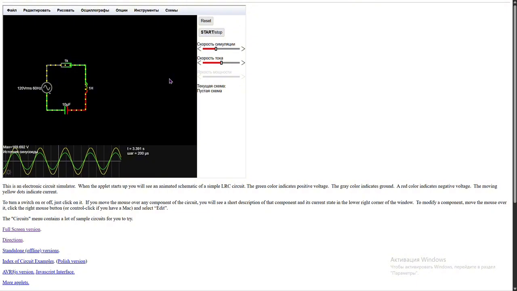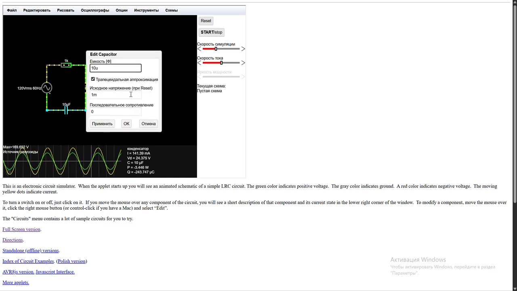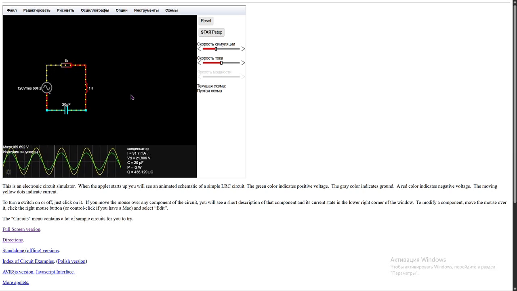And the next step is we need to double the capacitor value, and let's check what will happen. Now look at the graph. The entire resonance curve shifts to the left towards lower frequencies.